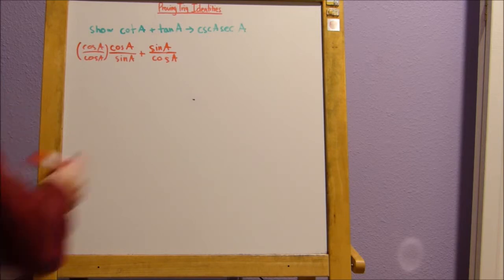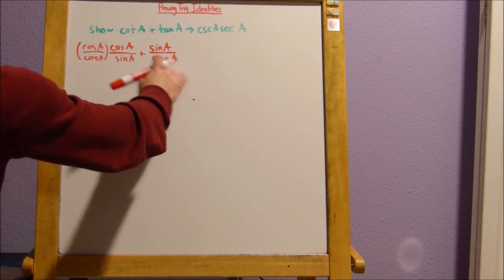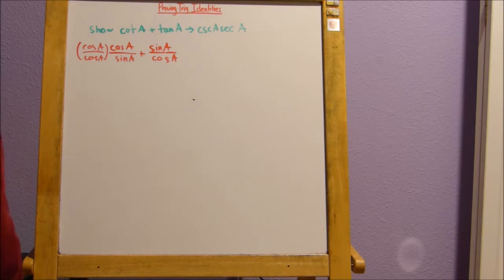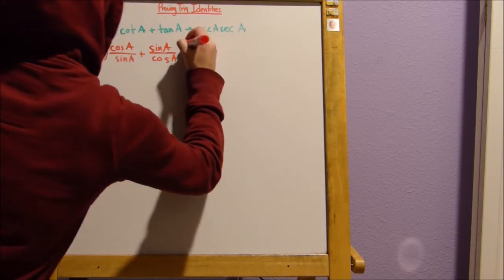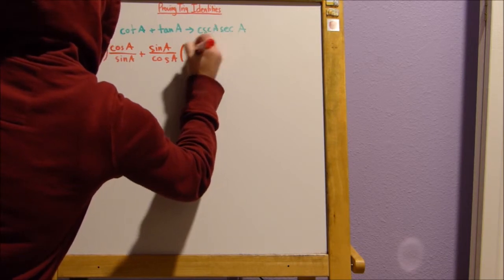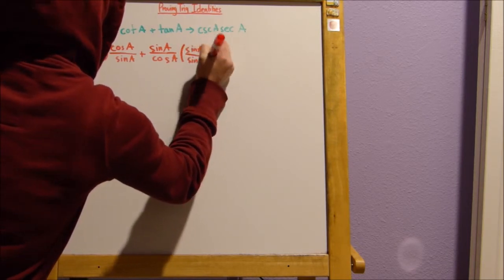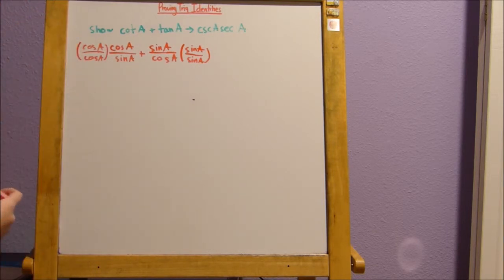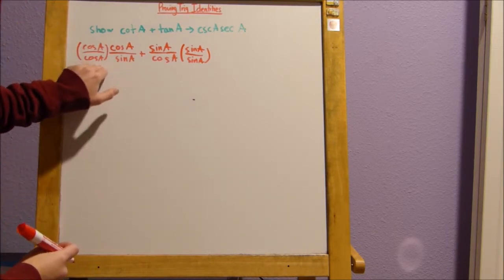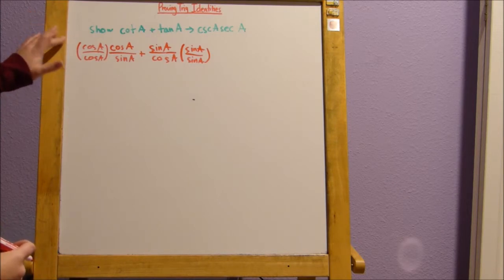In this case, this denominator has cosine A, and this denominator only has sine of A. So we have to multiply by cosine of A over cosine of A, and we have to multiply this side by sine of A over sine of A, because this denominator does not have sine of A. And I should note that you can't just multiply the denominator by something, you must multiply the numerator by that same thing too.